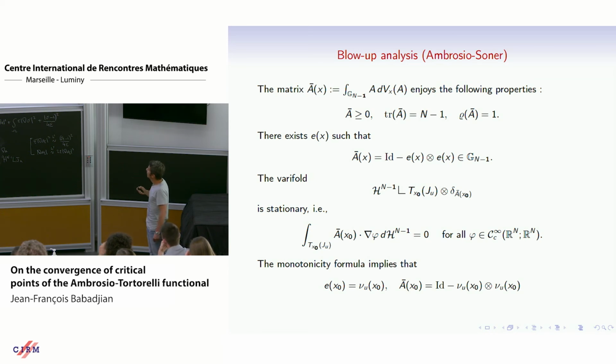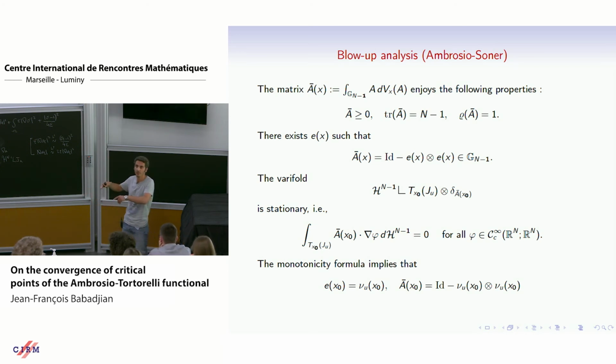When you perform the blow-up analysis, you will show that the varifold converges to an elementary varifold of this form: a tensor product between the Dirac mass at A bar of x0, where x0 is the point at which you are performing the blow-up, and the H^{n-1} measure carried by the tangent plane to the jump set at x0.